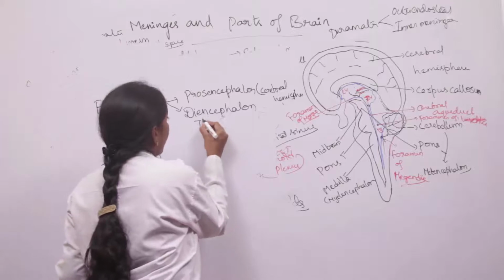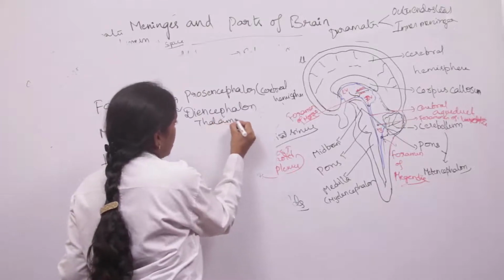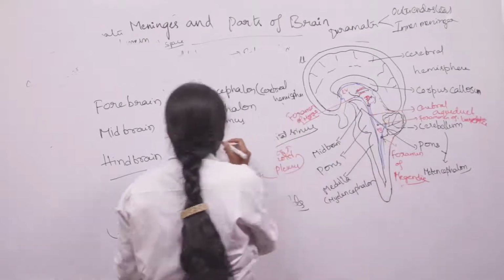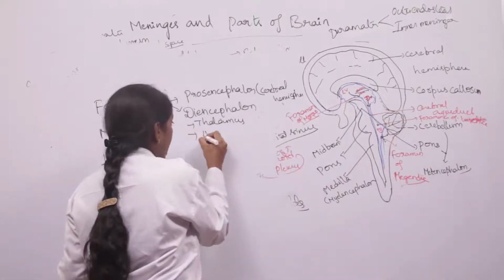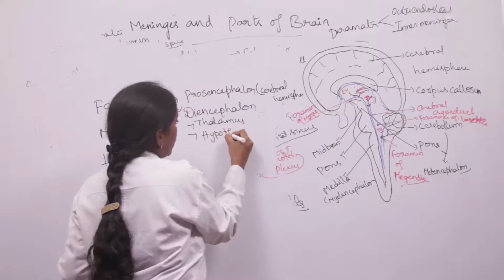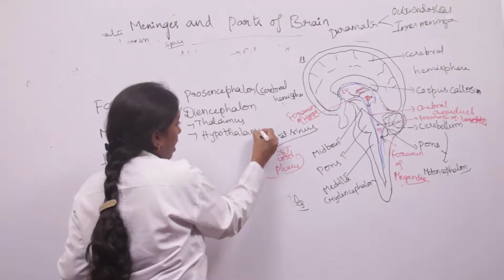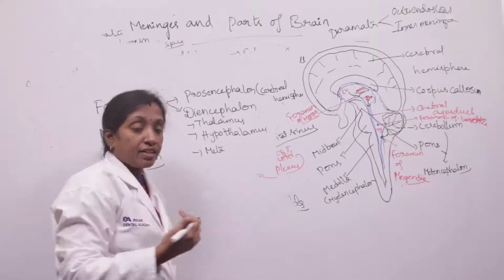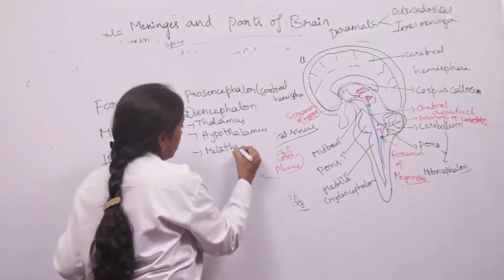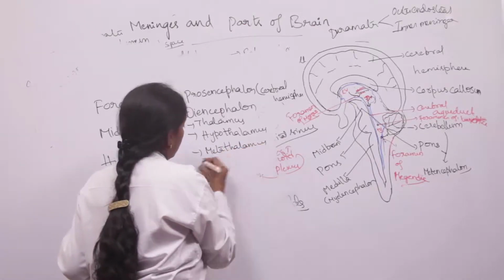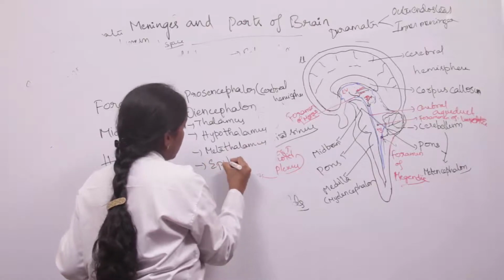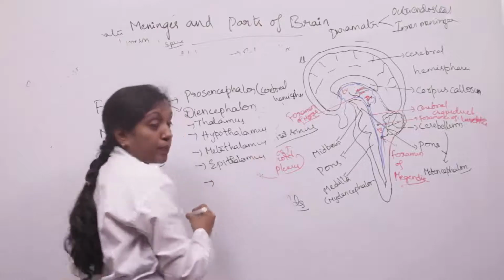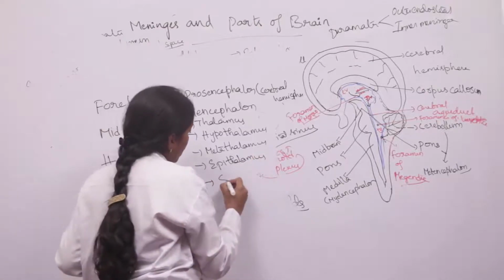Diencephalon consists of thalamus, situated here, hypothalamus, metathalamus, including the medial and lateral geniculate bodies, epithalamus, and also subthalamus.